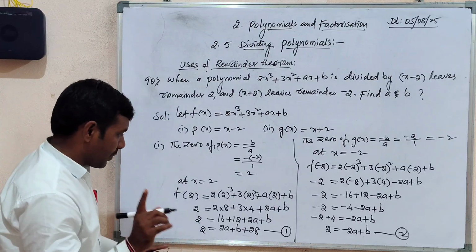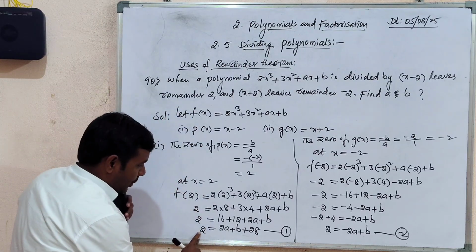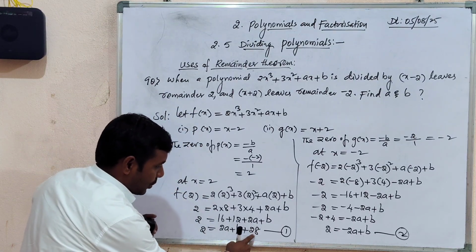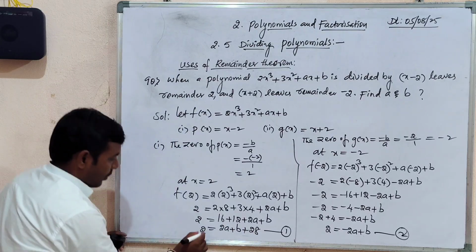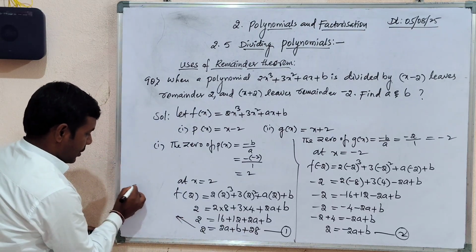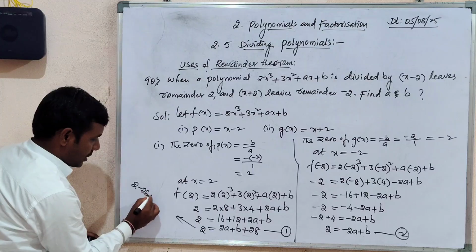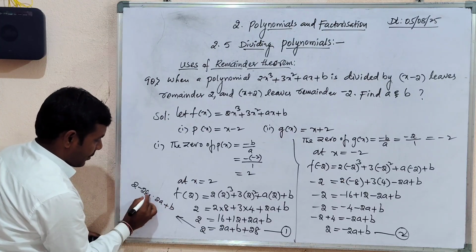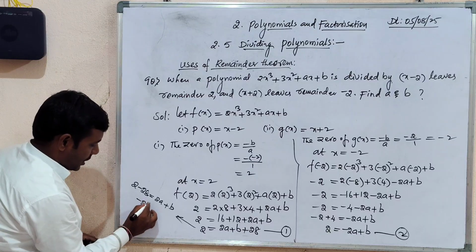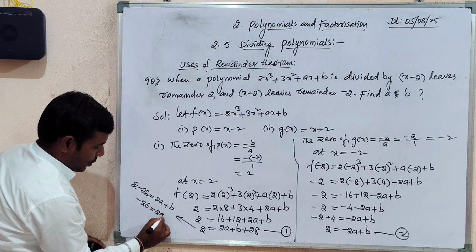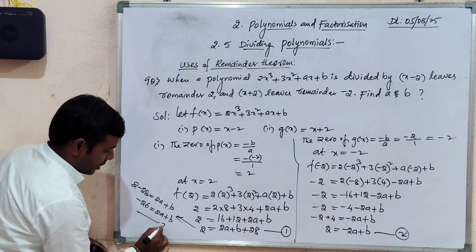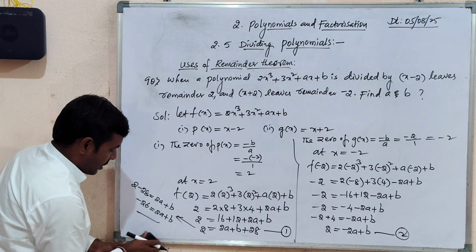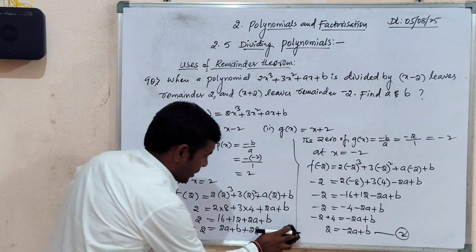Here one more point we remind: you shift 2 to that side, or else 28 you shift to this side. Now I am writing the next step. 2 minus 28 is equal to 2a plus b. Next, minus 26 is equal to 2a plus b. This is equation 1.